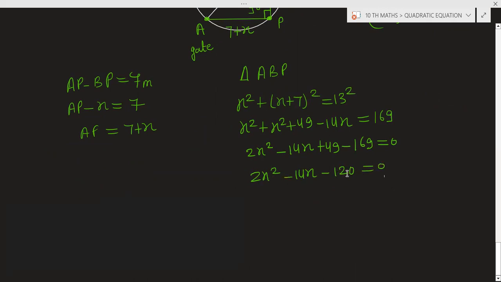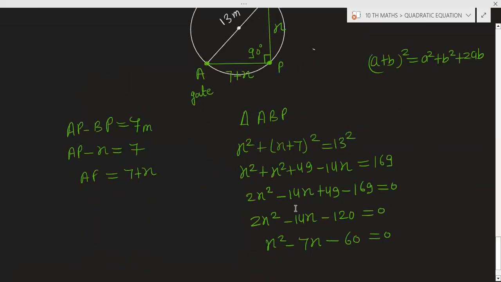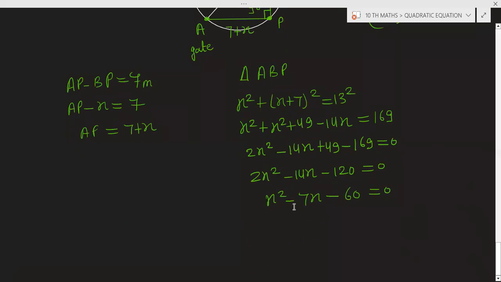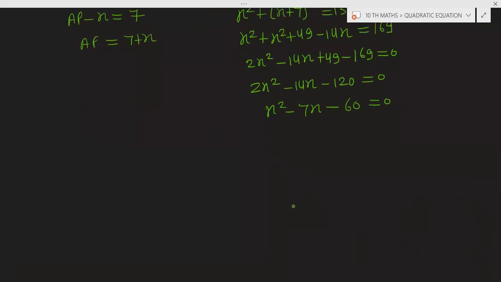You will get x square plus 7x minus 60 is equal to 0. This is the final quadratic equation we are getting. Now find a, b, c for this quadratic equation. a will be 1, b is equal to 7 and c is equal to minus 60.